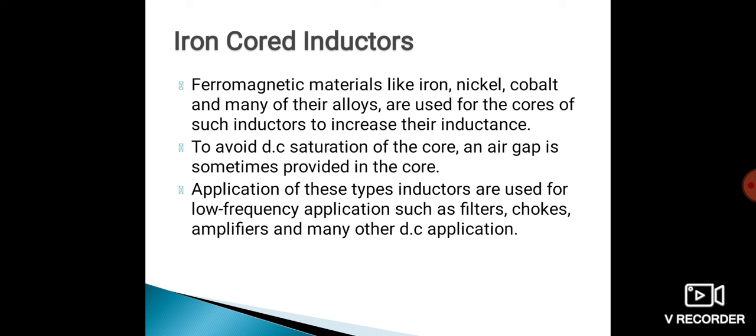So here, to form a base we are using a material like iron, nickel, cobalt and their alloys, and with the help of these we can increase the value of inductance.